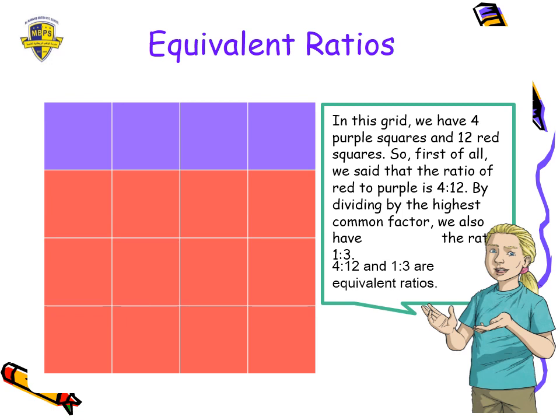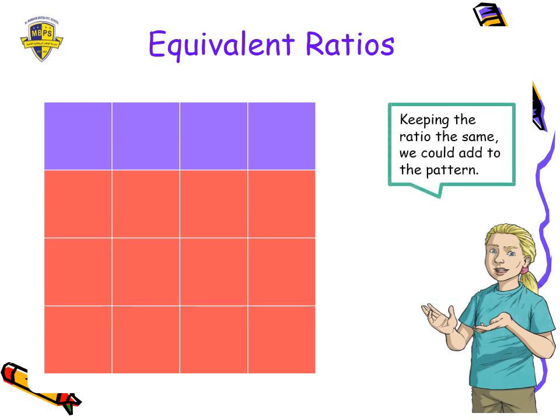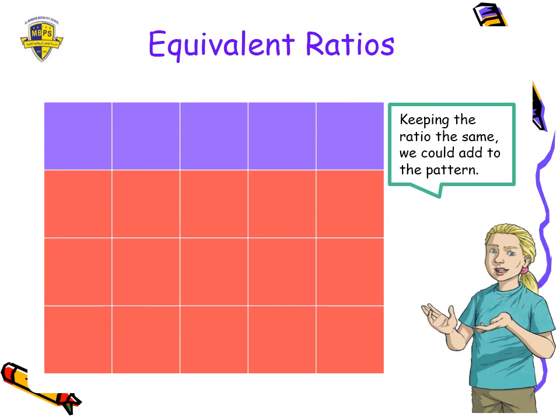Now, what if I want to add more to this pattern? Okay, I will add 1 purple and how many red? Excellent, 3. So let's add 1 purple and 3 red. Now, what is the ratio? Who can tell me? How many purple? 5.